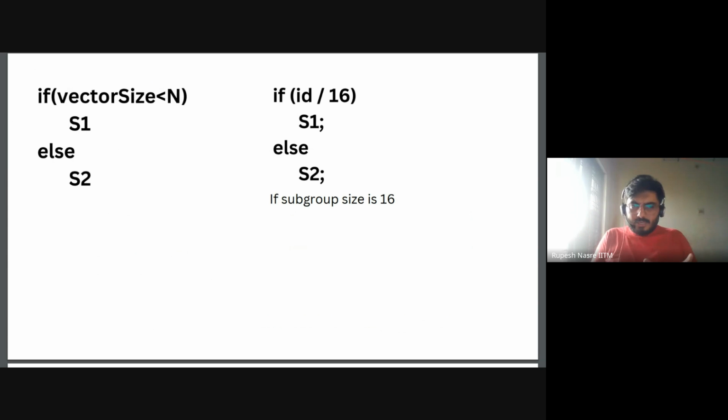Vector means array size. So I am checking the condition: if the index is less than n, I perform some instruction, otherwise I perform some other instruction. Will this have any thread divergence?